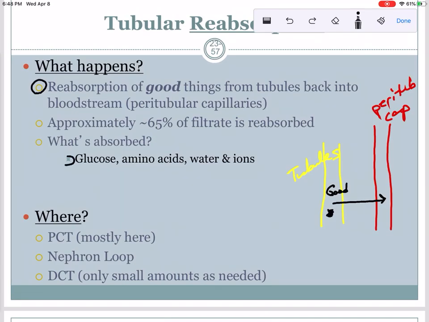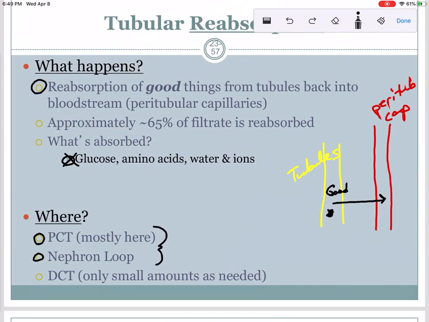You can see a listing here of some things that tend to be reabsorbed. You don't have to know them specifically, just be able to define tubular reabsorption. What you should know, however, is that most of the tubular reabsorption happens earlier in the tubules, mostly in the proximal convoluted tubule and the loop of Henle or nephron loop.